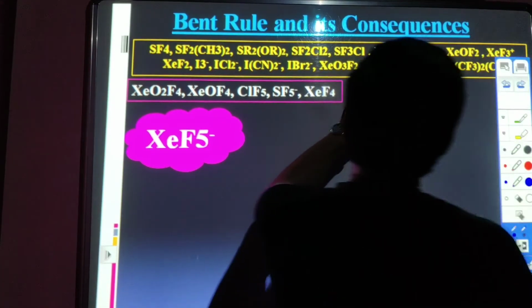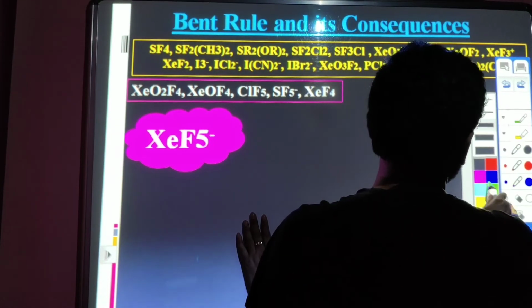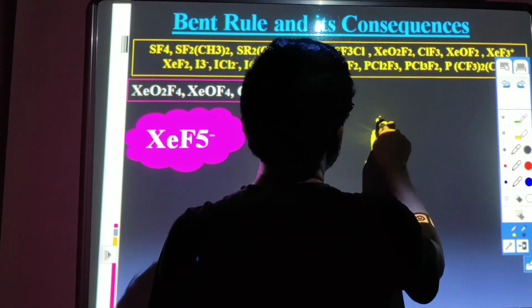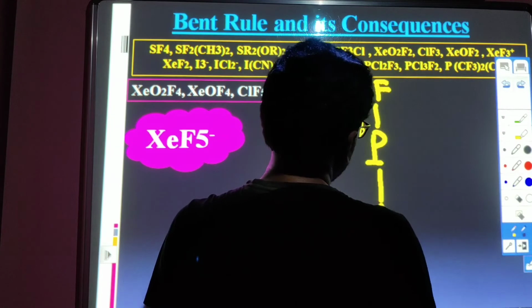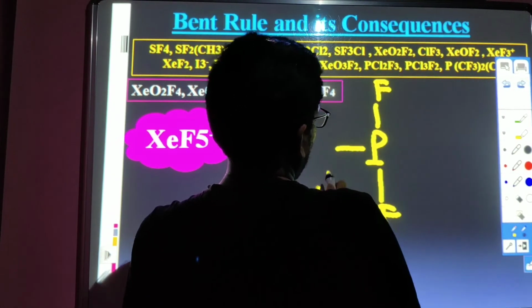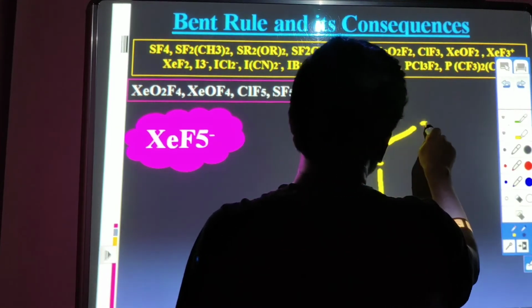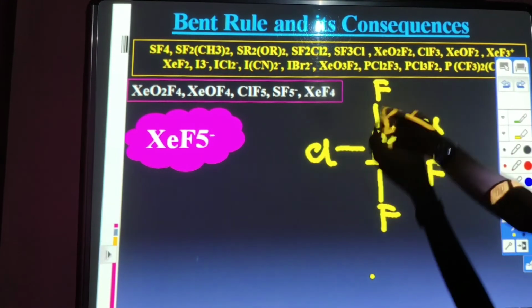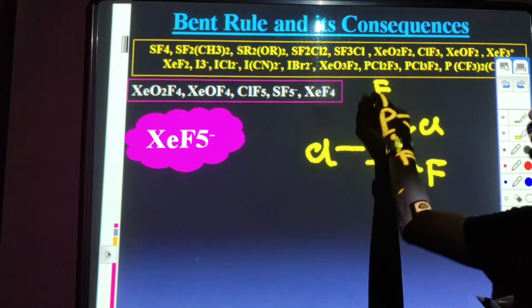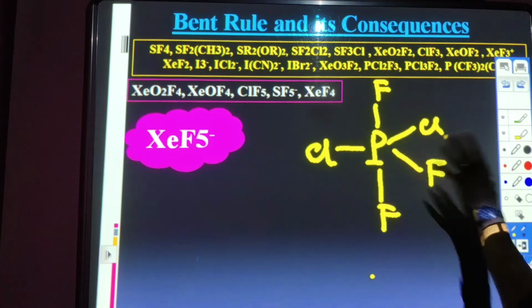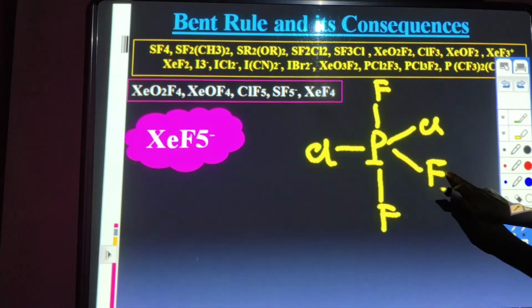PCl3F2, very interesting. Put F here, put Cl here, Cl here, F here. After you put the 2 F atoms in the axial positions, the rest of the atoms you have to put in equatorial positions.